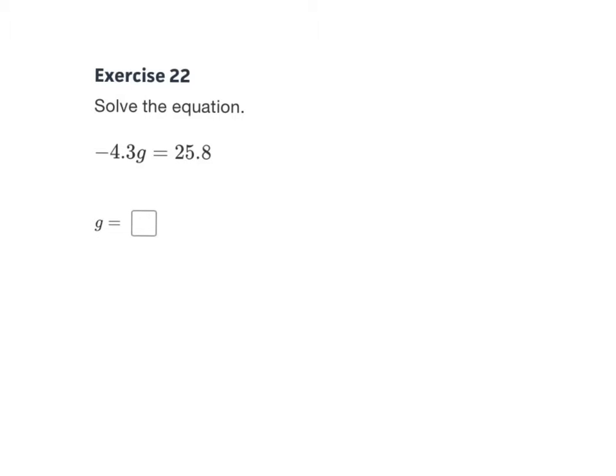22. If I look here, I've got negative 4.3 times g. So what's the inverse of multiplying by negative 4.3? It is dividing by negative 4.3. And we're going to do that on both sides. So that's going to leave me with g on the left. 25.8 divided by negative 4.3 gives me negative 6.